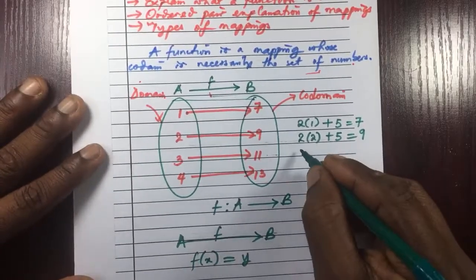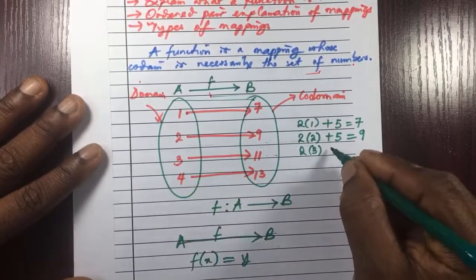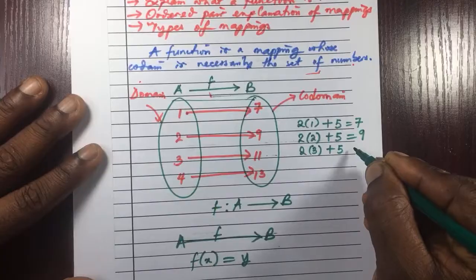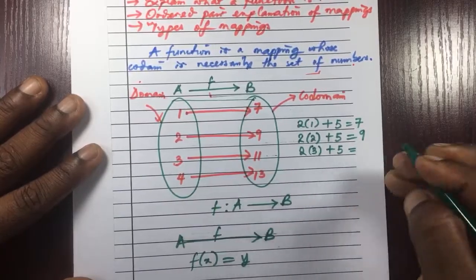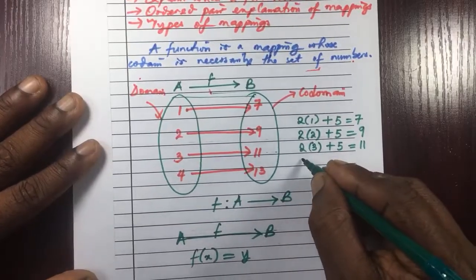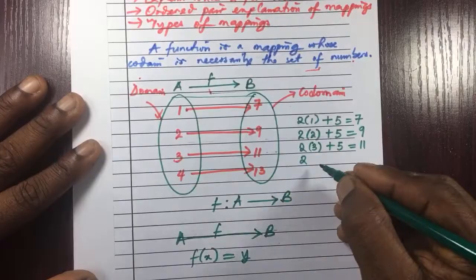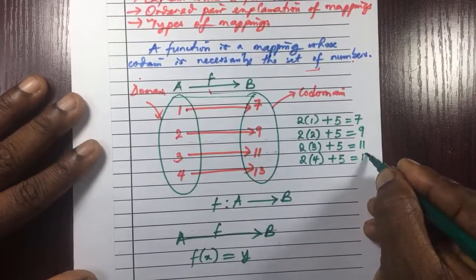Multiplying 2 with 3 and adding 5 gives 6 plus 5, 11. And finally, multiplying 4 by 2 gives 8, and adding 5 gives 13.